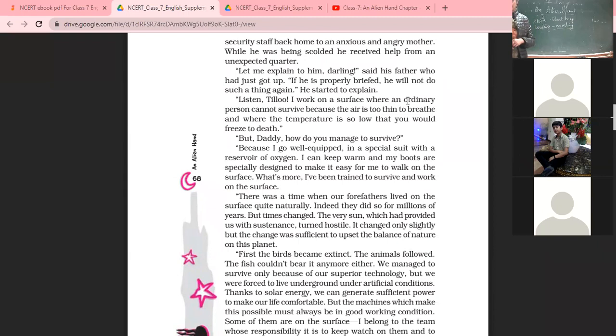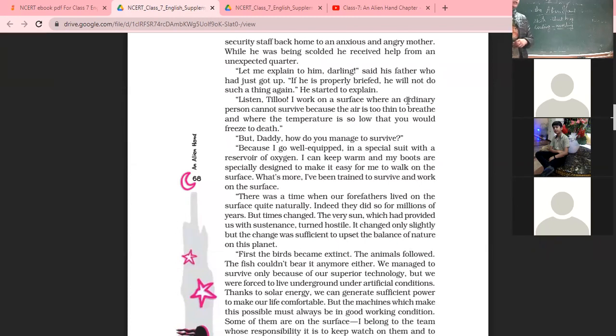No, really very surprising. What's more, I have been trained to survive and work on the surface. Moreover, his father said, remember that I have also got special type of training to work on this kind of surface. Okay, so it means that his father has explained him why it is not possible for Tilu to go there.